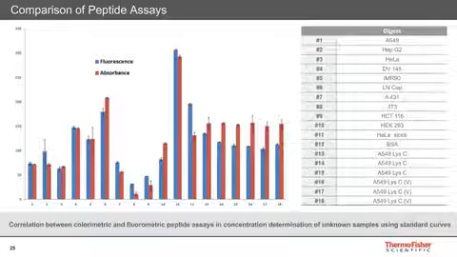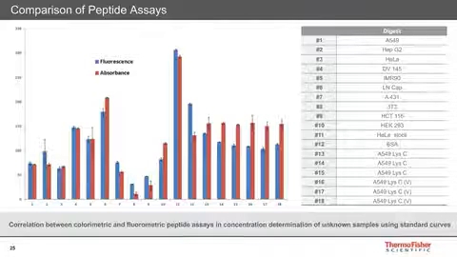As I mentioned earlier, we have developed a proprietary protein digest which can be used as a standard for peptides. Now, using that same standard to measure the concentration of 18 different digests, proteins and cell lysate digest, we used both the fluorometric and the colorimetric peptide assay and saw very similar concentration readings of the unknown sample.